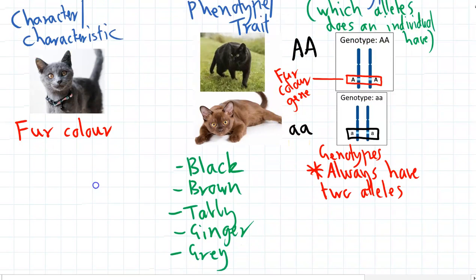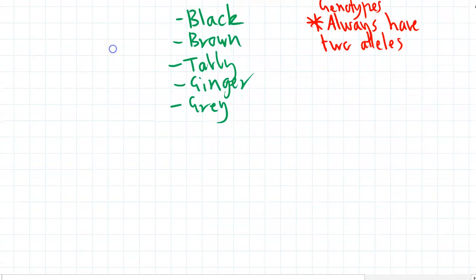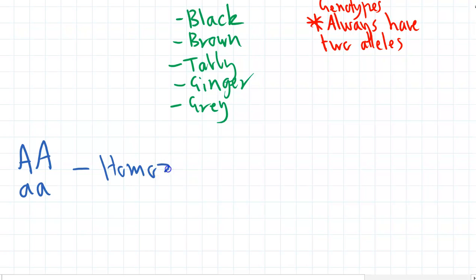So they both had the same allele in their genotype. So we call that homozygous. So we say that individual is homozygous, or they have a homozygous genotype.